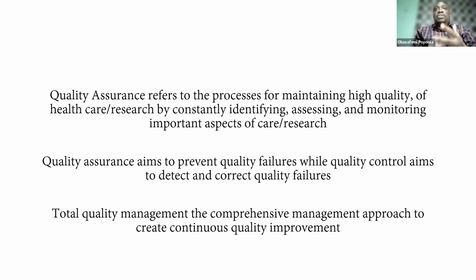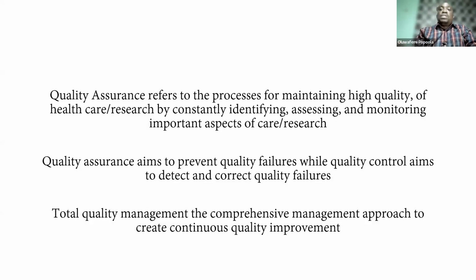So these are the 3 terms that I thought were the core of what I wanted to touch on: quality assurance, illustrating the difference between quality assurance and quality control, and defining total quality management as a concept and how it relates to the core clinical expression, which we most often see, which is the continuous quality improvement cycle.